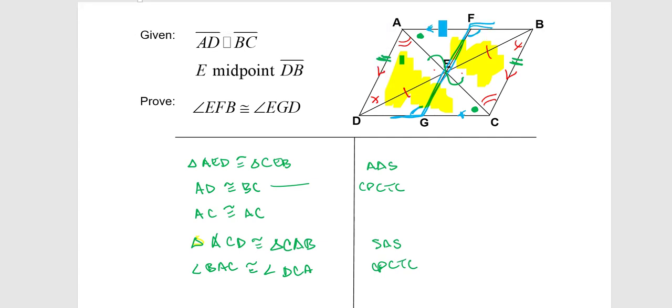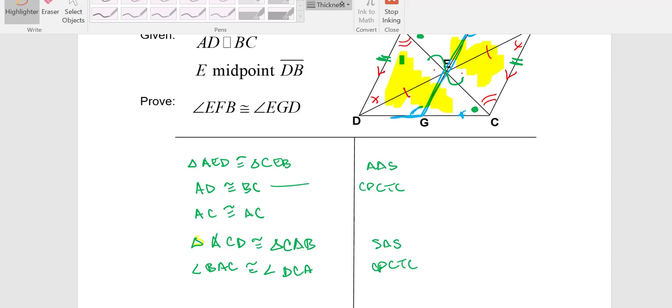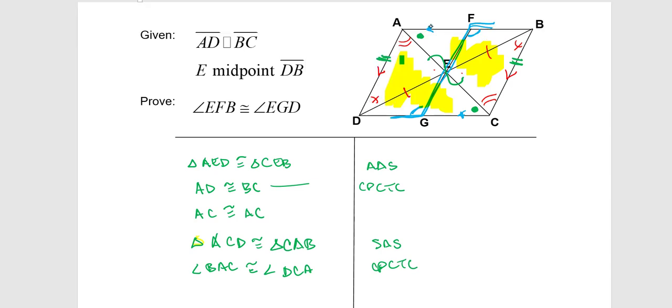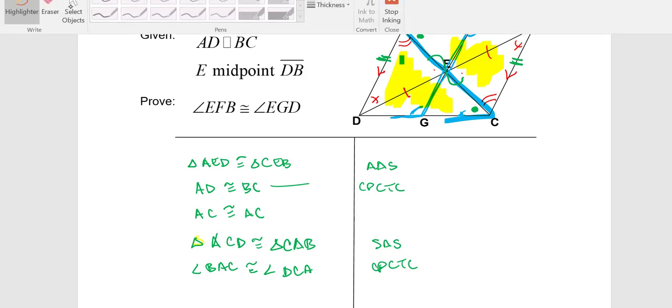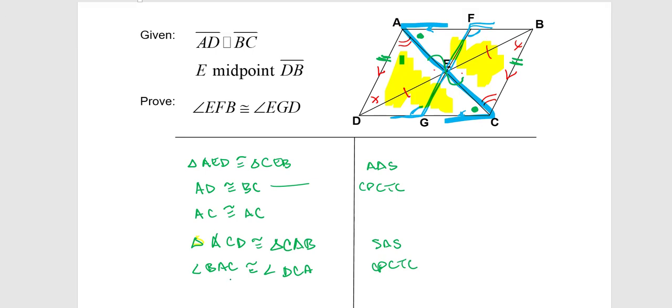So I got alternate interior angles right here, which then tells me that AB is parallel to DC.